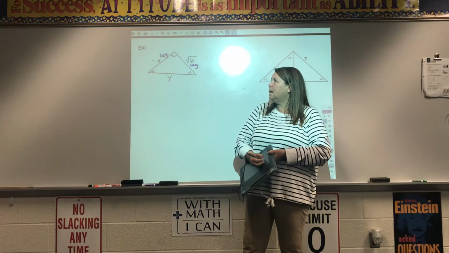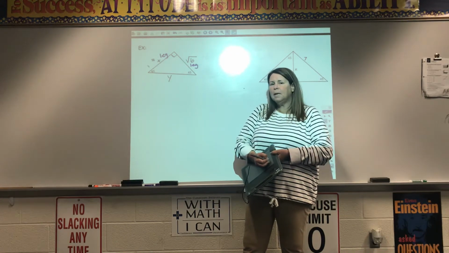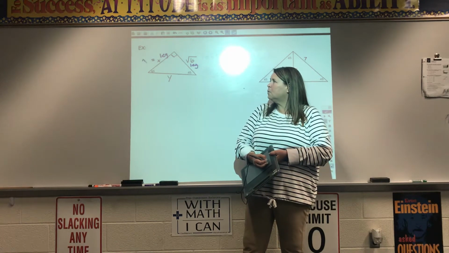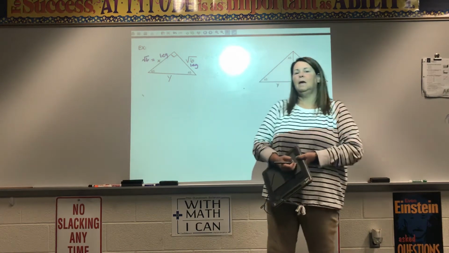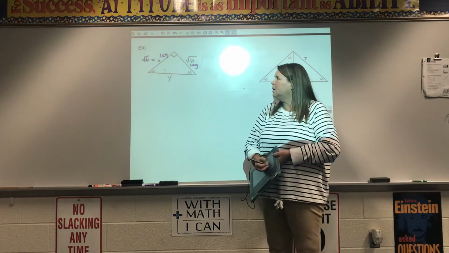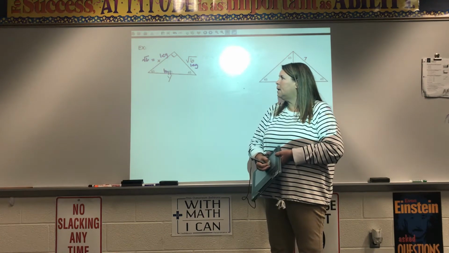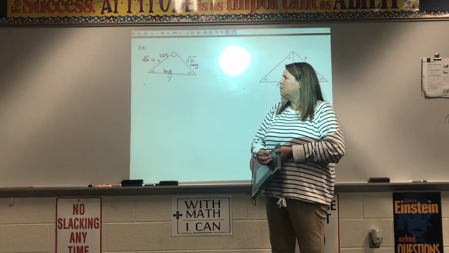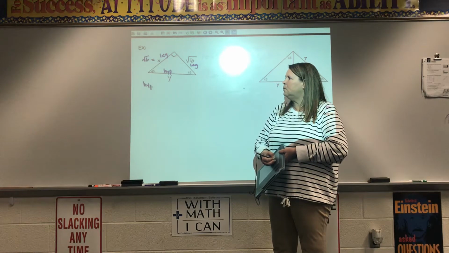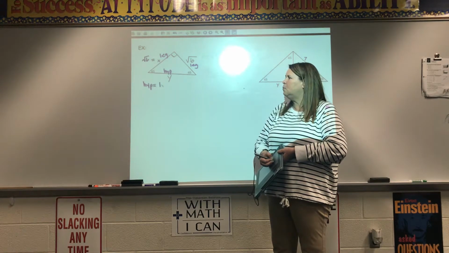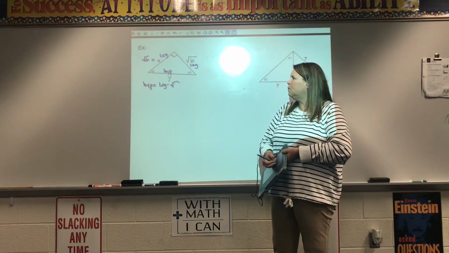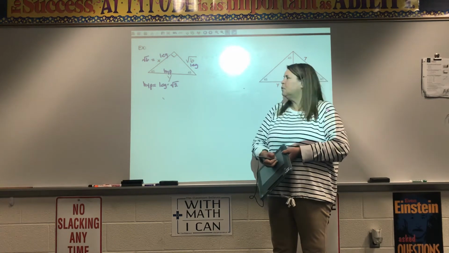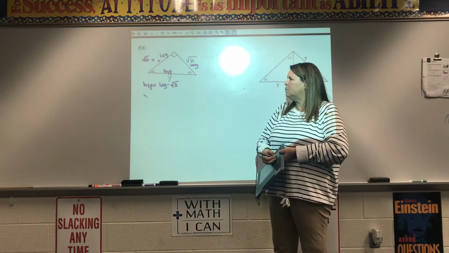So x is automatically equal to the square root of 6. Now, to find y, which is the hypotenuse, if you remember, my rule for hypotenuse is a hypotenuse equals one leg times square root of 2. So fill in what we know. Hypotenuse is y.